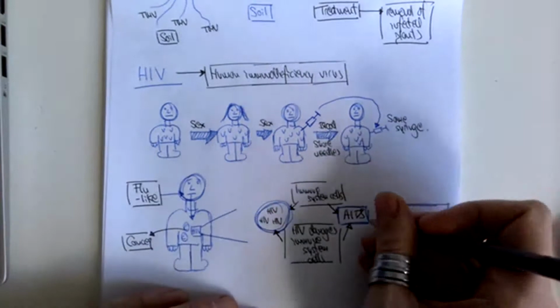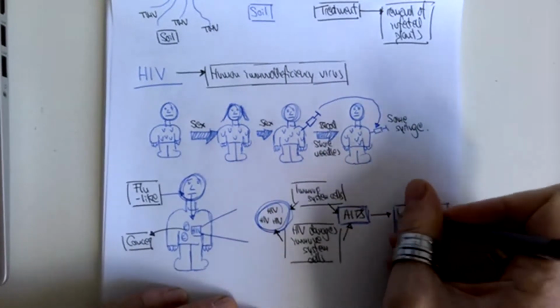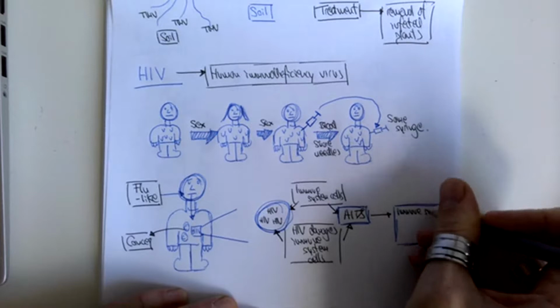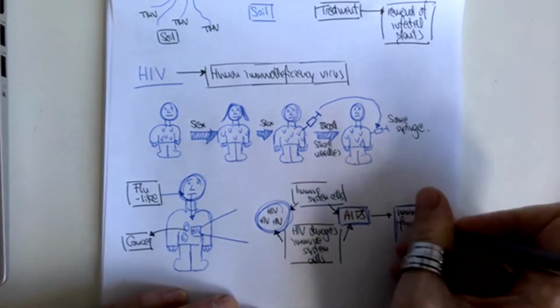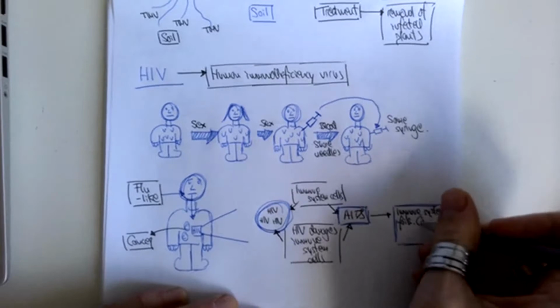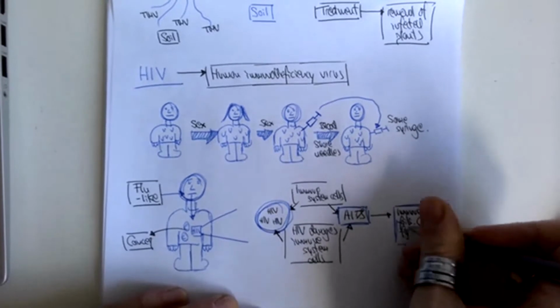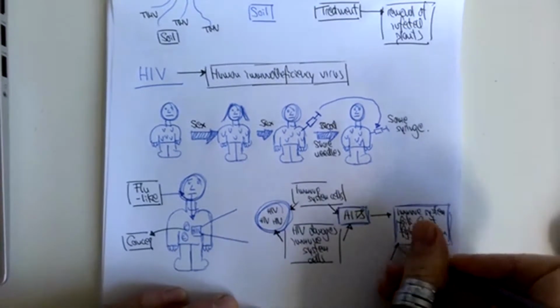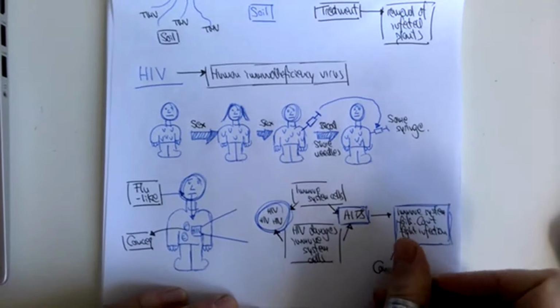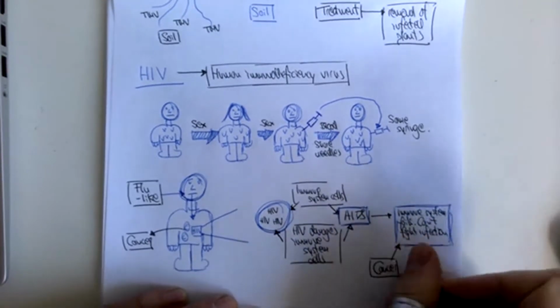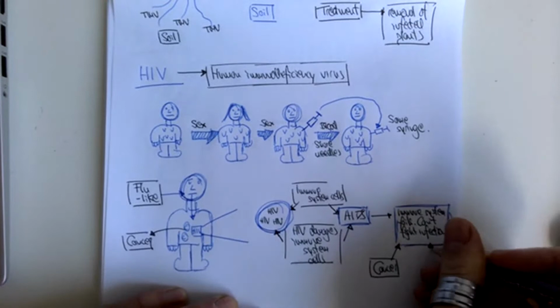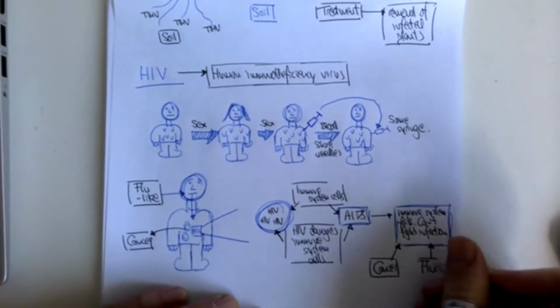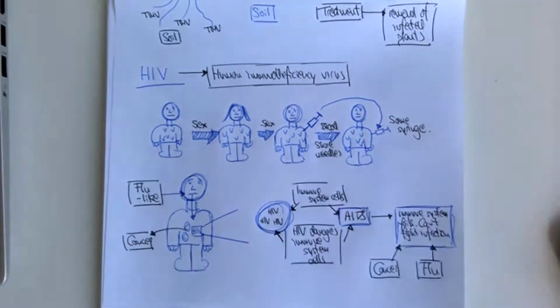So the immune system fails and it can't fight infection. That means a person who's got HIV and then subsequently AIDS is really susceptible, and it's incredibly dangerous for them to be infected with more common viruses and bacteria such as flu or colds and things like that, more than the average person, because their body can't fight it off.